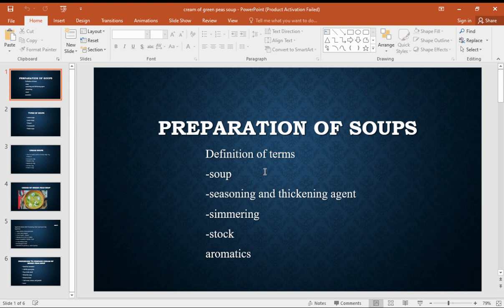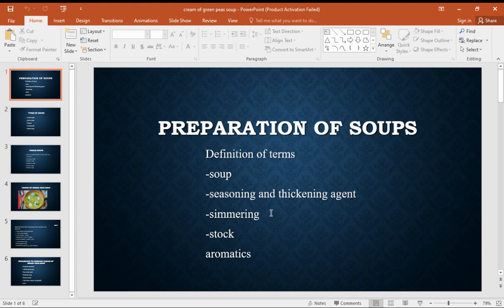Seasonings are the herbs and the spices that are used in adding taste or adjusting taste in soup. While thickening agents are thickeners. A thickener is a substance which can increase the consistency of a liquid without substantially changing its other properties like the taste and the color.